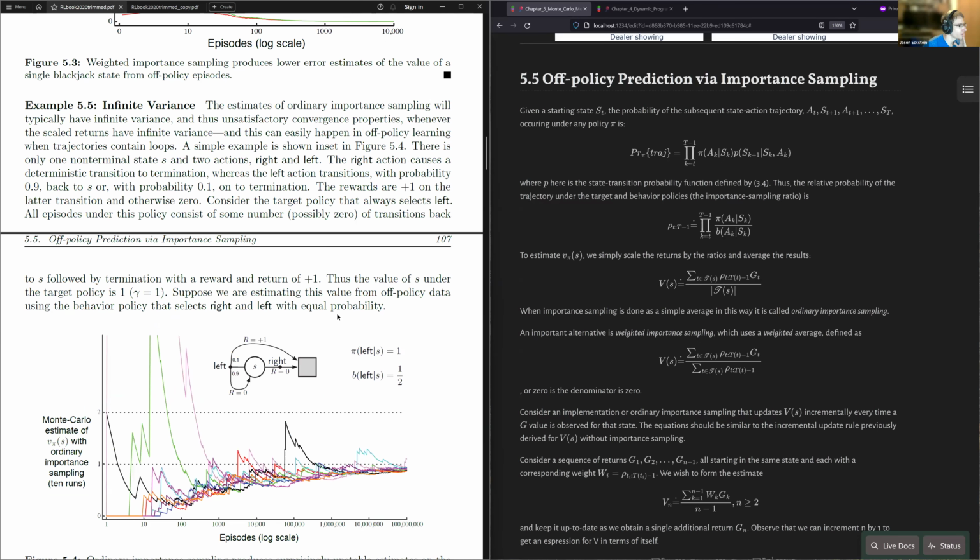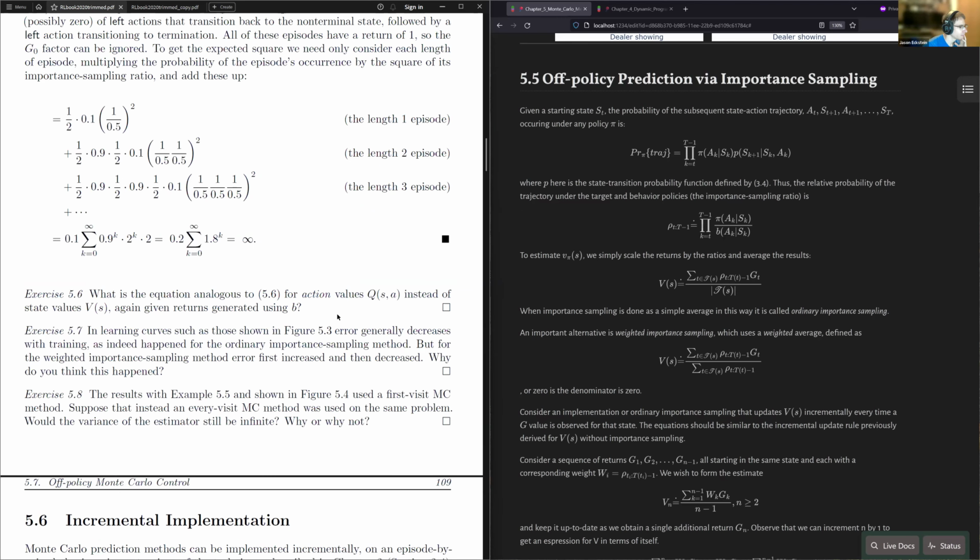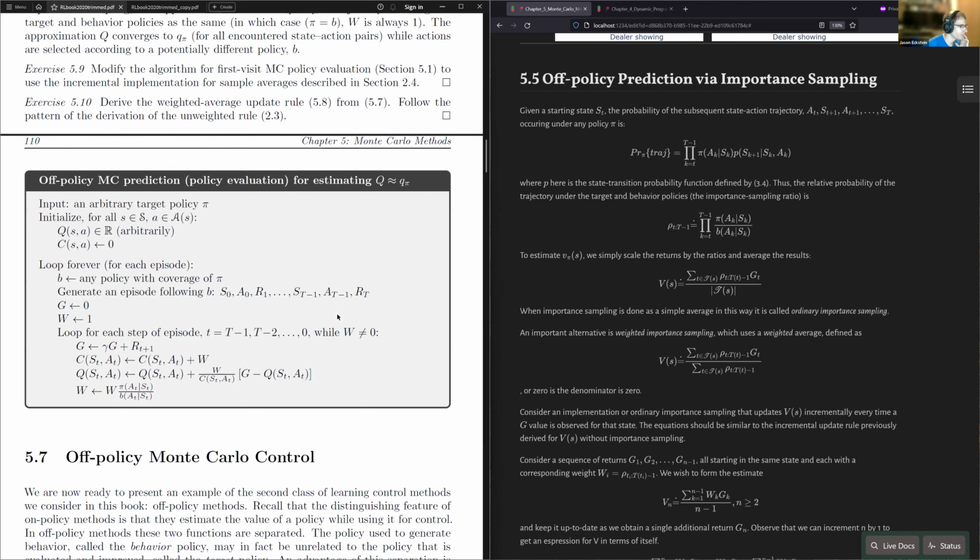Where do they have the off policy? Oh, here. This is for off policy prediction. You can see here again we're going to go through the episode backwards. We're going to keep track of both G and W. And W will be updated at every step by this ratio of probabilities.